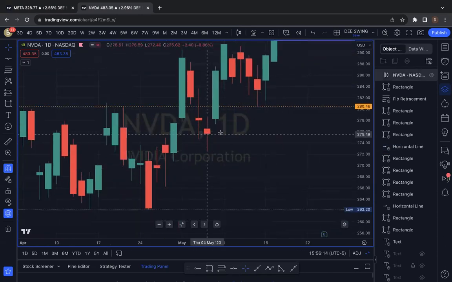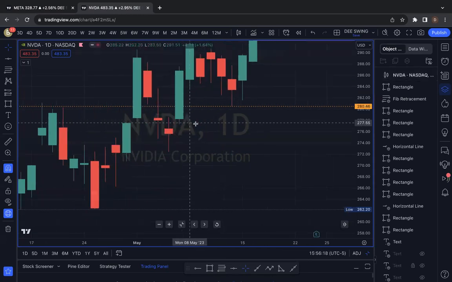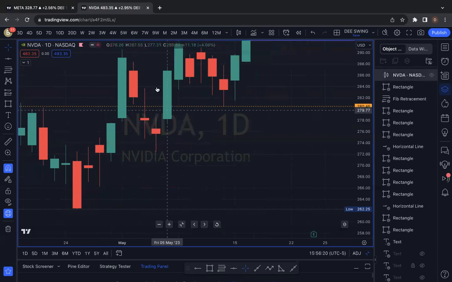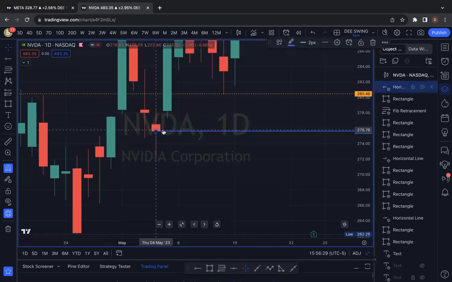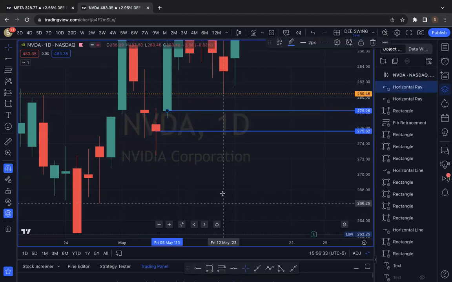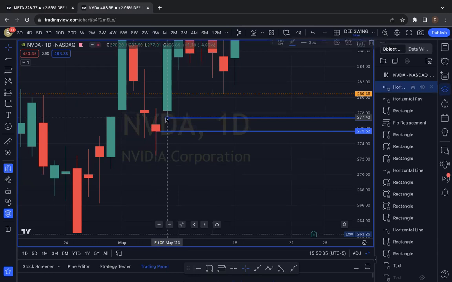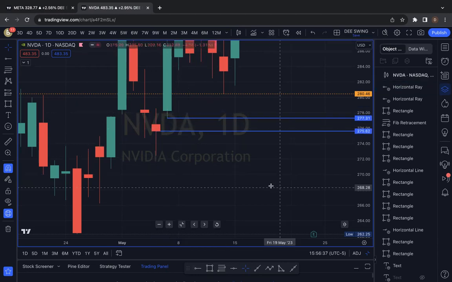We have another gap. These are the ones that are going to trip you up the most. When you go do your homework on your own time, these candles are going to trip you up the most because they don't look like they gapped up. But you have to remember that this closed right there and it opened right there. And then it adjusted, it came back into that range right there.